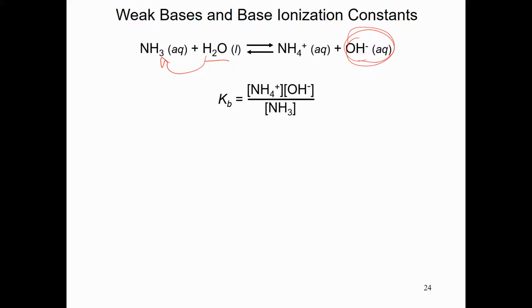This is an equilibrium base equation, and therefore we have a Kb, and the Kb is equal to the products over the reactants, ammonium and hydroxide over ammonia, for this particular case. That's your Kb ionization constant.